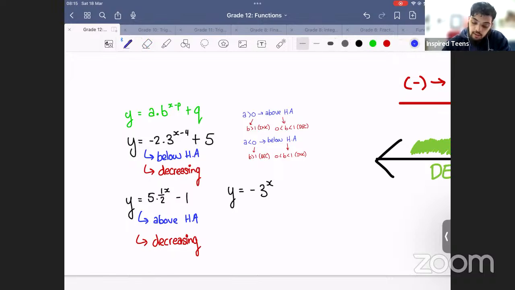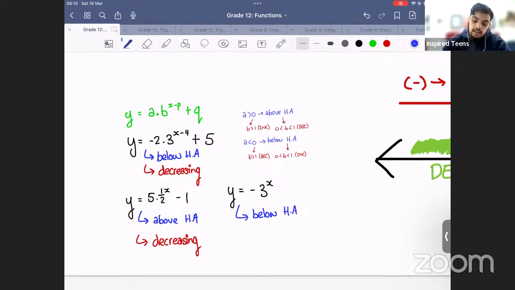Let's do the last one. Tell me, this guy, is it above or below? Negative 3 to the power of x. Is this an exponential function that's above its horizontal asymptote or below its horizontal asymptote? Below, because its coefficient is negative 1, excellent. So this one is below the horizontal asymptote.